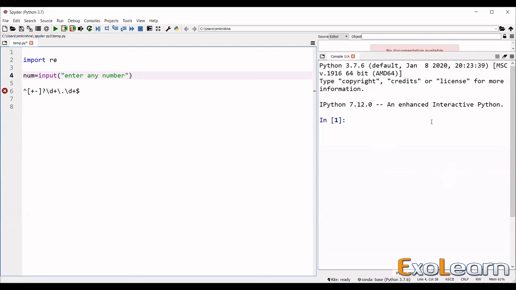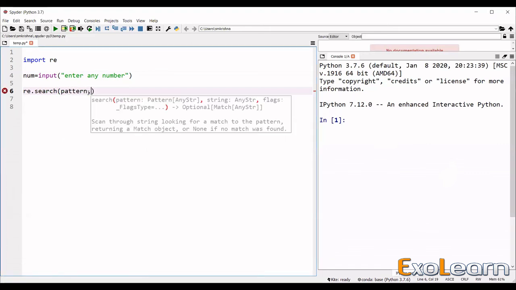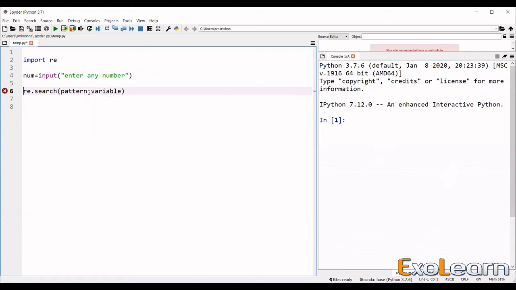Now I need to depend on a method called search, which is present in the re module. re.search takes the format: the pattern that you are looking for, and the input variable in which you are looking for the pattern. This is the syntax.